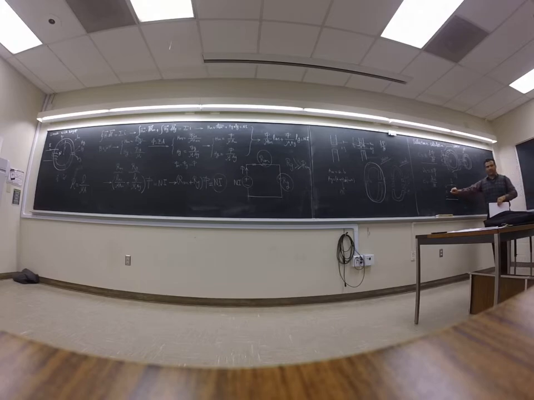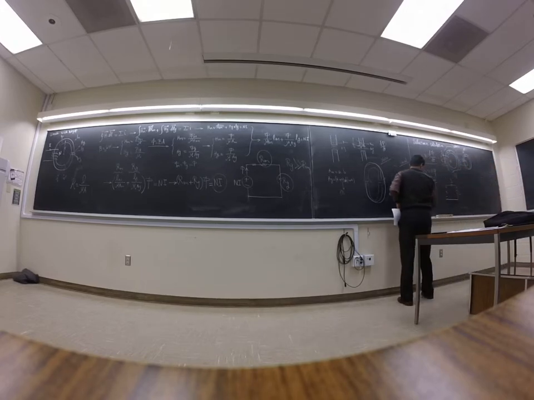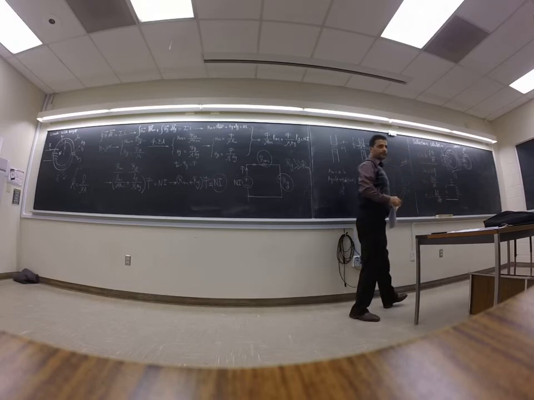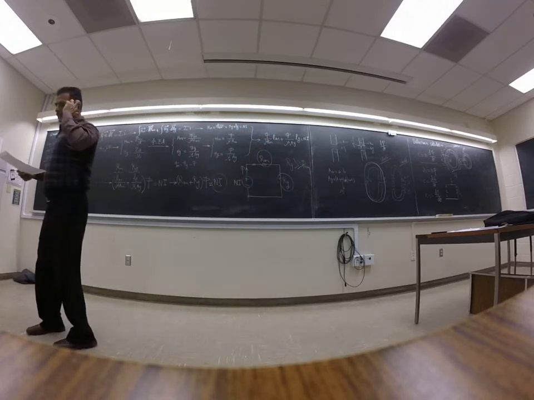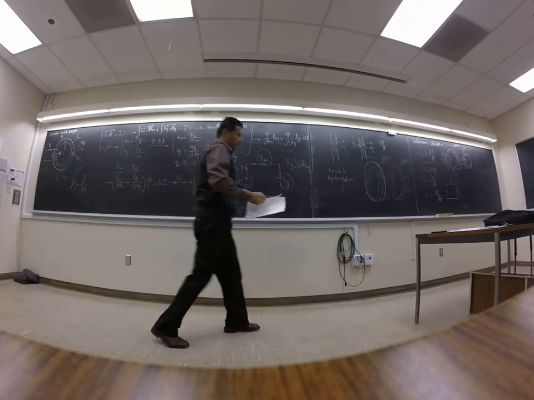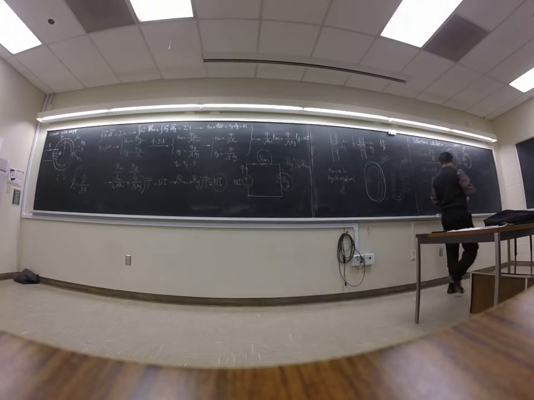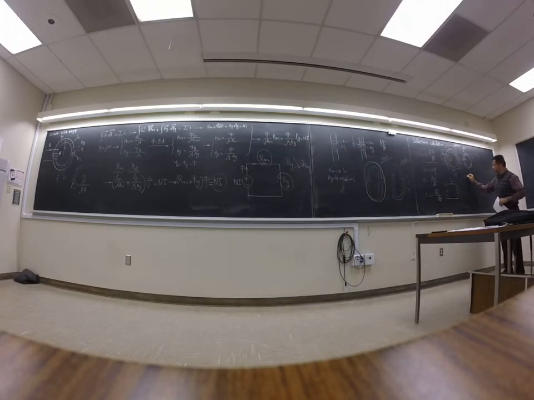So what is E? If I'm going to calculate E. How much is E? Isn't it L di over dt, right? We know this one for inductor. E is equal to L di over dt. Now, let me write it here. I said E is equal to L di over dt.